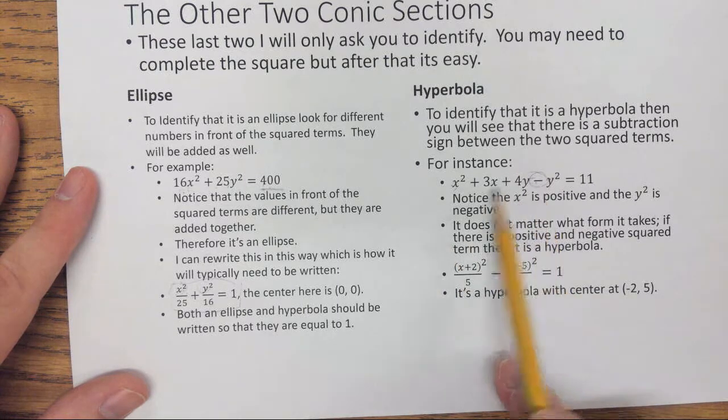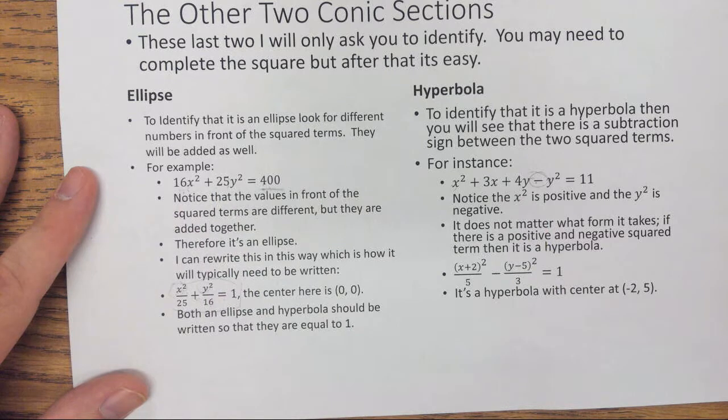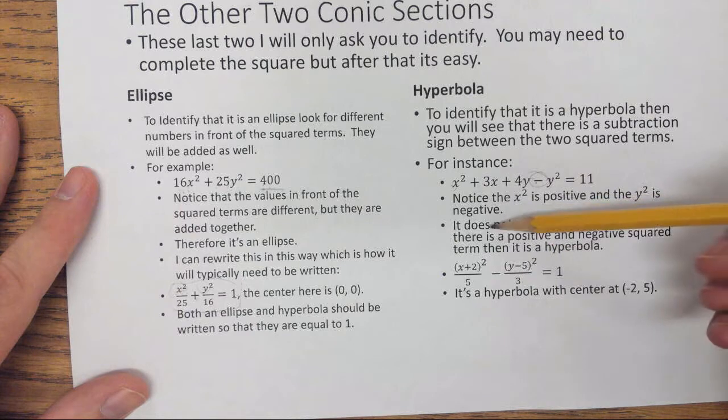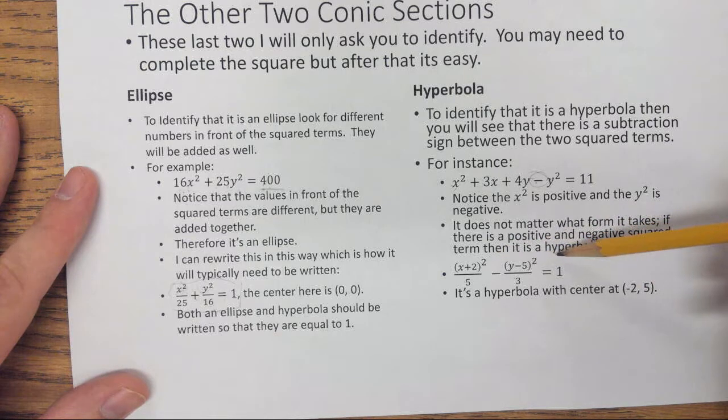Minus means hyperbola, addition with different numbers means ellipse. Notice that the x squared is positive, the y squared is negative. Hyperbola. Does not matter what form it takes. If there is a positive and a negative squared term, then it is a hyperbola. Minus with the squared terms, it's a hyperbola.